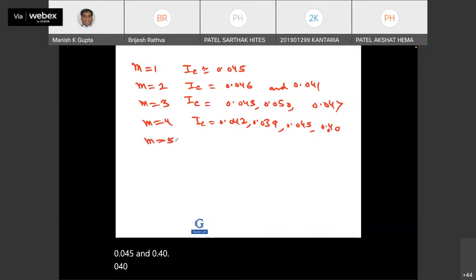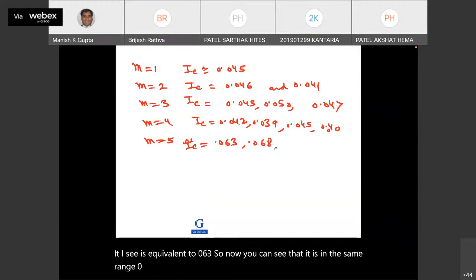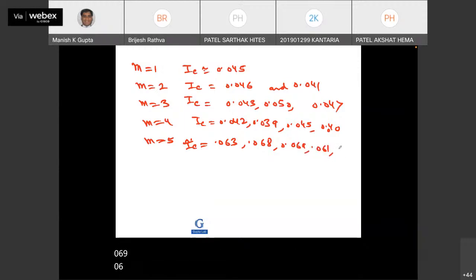For m equal to 5, IC is 0.063, 0.068, 0.069, 0.061, and 0.072. So this is in the same range as you would expect. So certainly m is equal to 5.